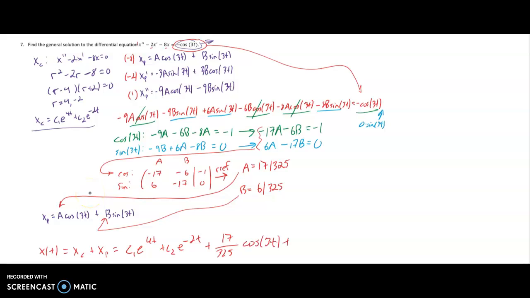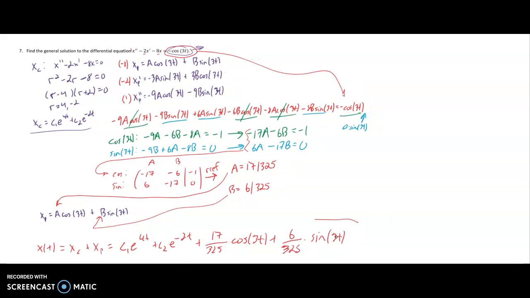And then I take my 6 over 325, and I multiply that by sine of 3t. And that's my solution. So I can box it, boink. And we've used undetermined coefficients to find the general solution to this equation right here. Peace.